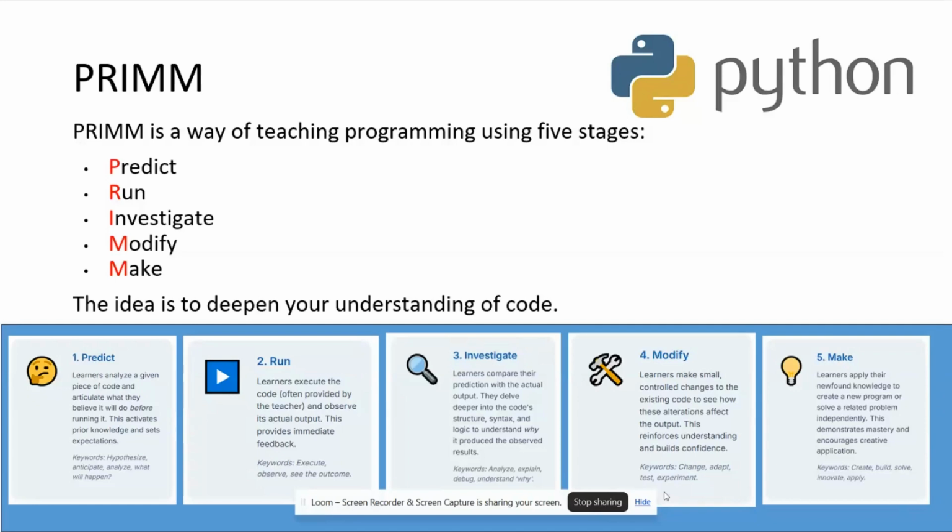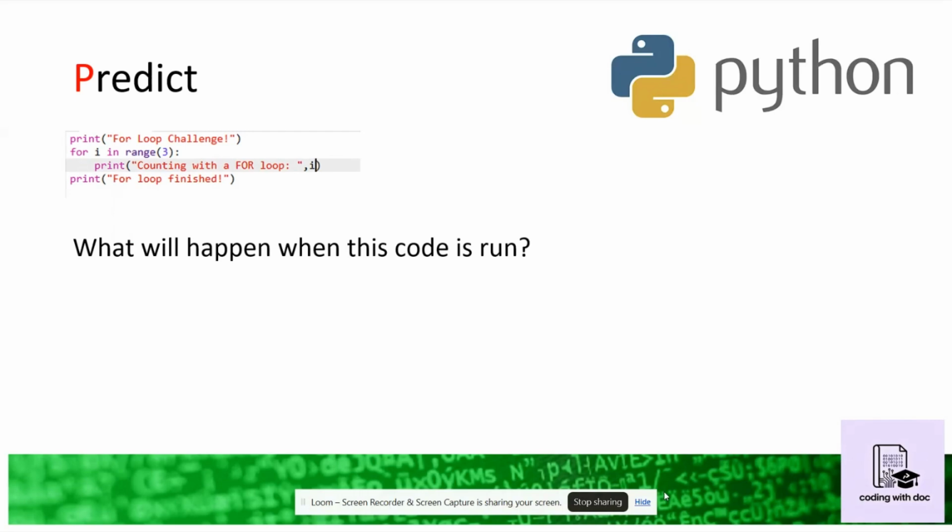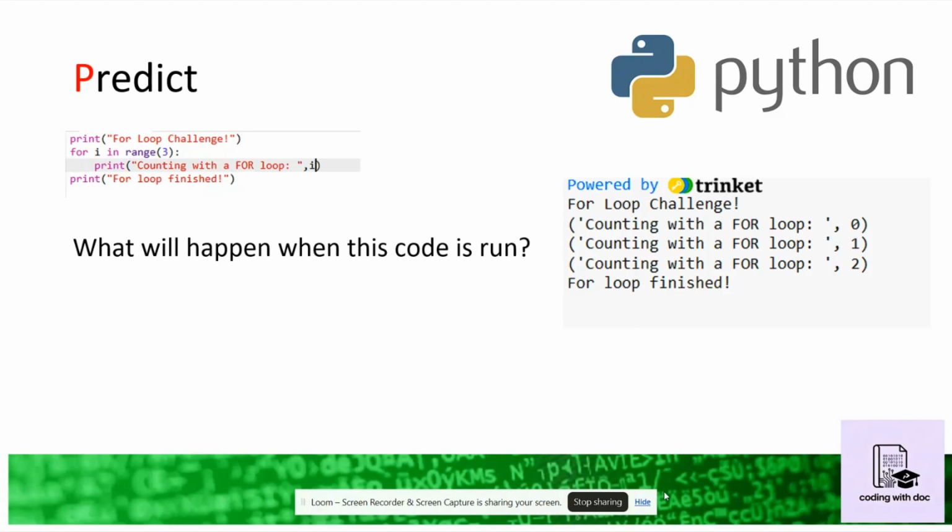Now, the predict one. So here on this first one, if I run that bit of code, this is really recapping what we did last time round. What's it going to do? And hopefully what you've suggested is something like that.